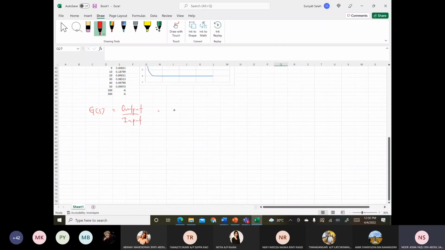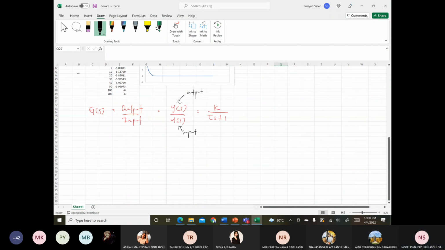So here, let's say the output will be Y(s), the input will be U(s). So Y is output, U is input. And then here, let's say we have the first order, K over tau S plus 1. So in this case, this is our output, and this is our input.